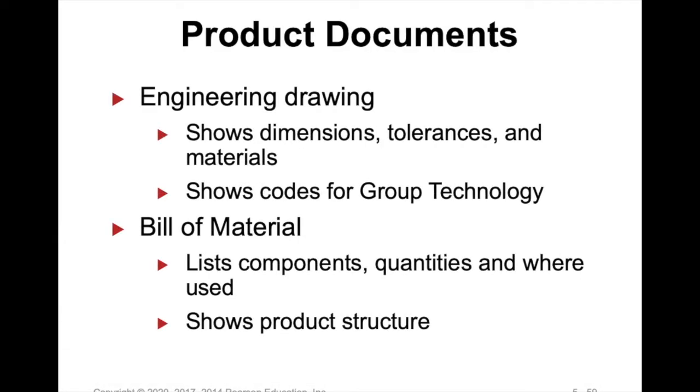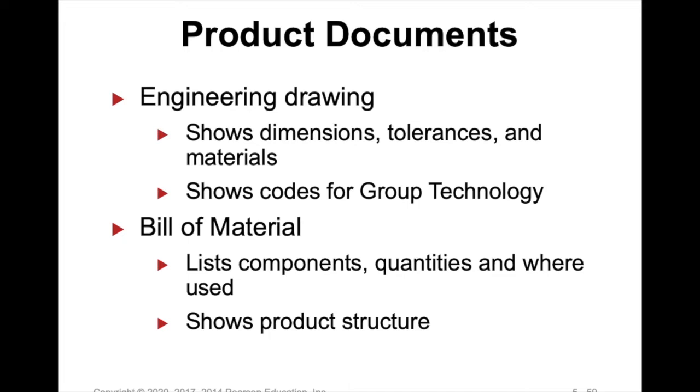So next thing you need to have is product documents. The documents I mentioned earlier: engineering drawing. It shows the dimensions and the tolerances of the products and materials, meaning the ability of the product, the maximum capacity that they can bear, and it should also show the codes for group technology, meaning like IPR, intellectual property, copyright and so on.